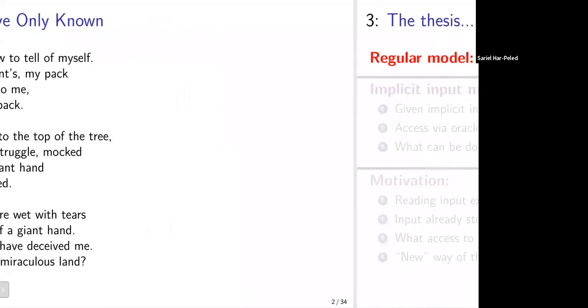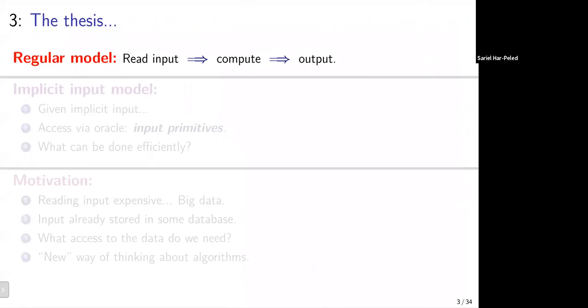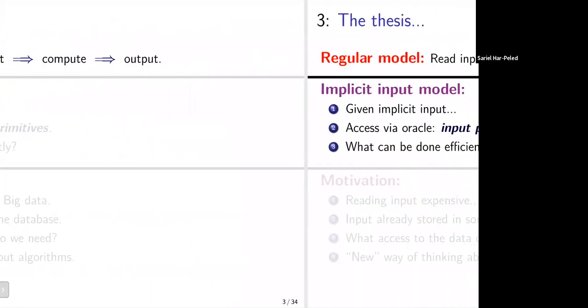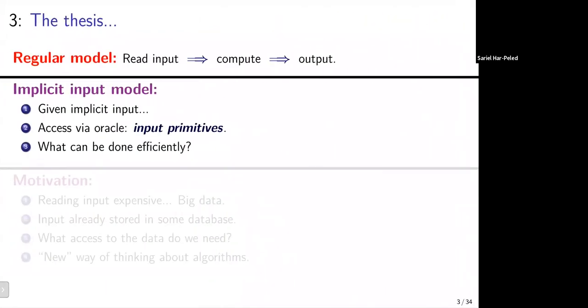Okay, so usually when we speak about algorithms, we think in the framework of the regular input model, where we have an input, we read it, the algorithm computes something, and then hopefully it outputs something. And in this talk, I want to advocate for a different model, let's call it the implicit input model, where the input is given to you implicitly.